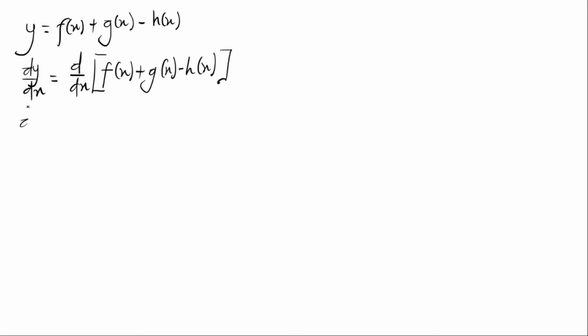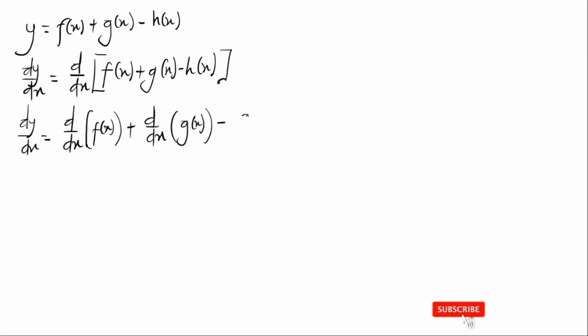By this I mean our dy/dx now becomes d/dx of the function f of x, then plus the differentiation of this particular function g of x alone, then minus the differentiation of the third function, that is h of x. So once we differentiate each of the functions individually, we can now add all of them to get our overall differentiation of the function.